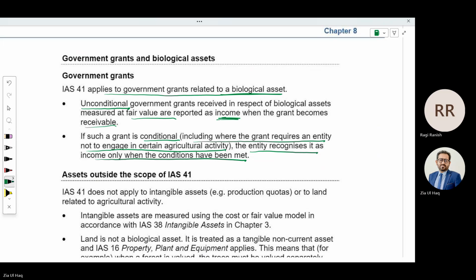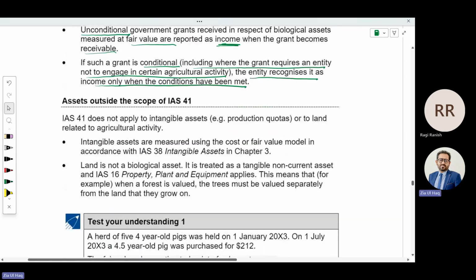Got it? Assets outside the scope of IAS 41. IAS 41 does not apply to intangible assets, production quota, or to the land related to agriculture activities. The land will not be recorded as an agriculture asset.